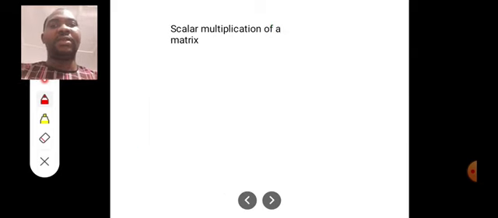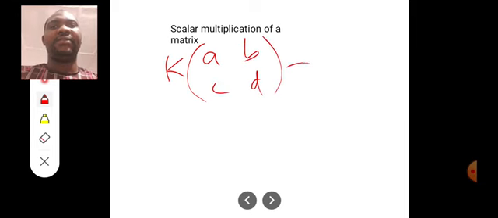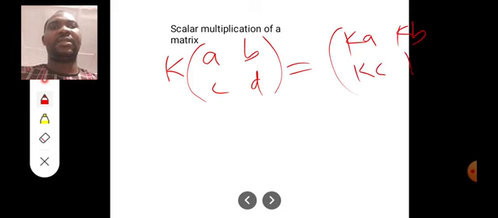Okay. So we have scalar multiplication of a matrix. Scalar multiplication has to do with multiplying a matrix by a scalar. A matrix can be represented as a vector. So if I have k times the matrix a, b, c, d, the value k multiplies all the elements in the matrix. We are going to have ka, kb, kc, and kd.